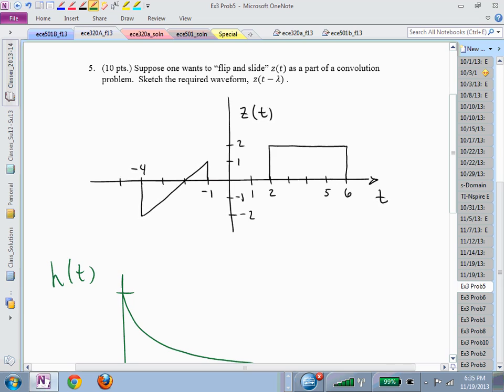Does that make you feel better? That's really all you're doing here with z of t. You're hitting your system, but just by the way I've labeled the time axis and the origin, t equals 0, I'm saying that this input is starting at -4 based on somebody's hypothetical or pre-selected t equals 0 value. That may or may not mean anything, but it does in this problem.